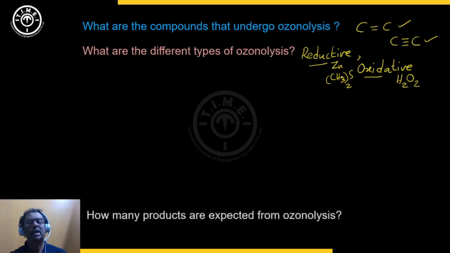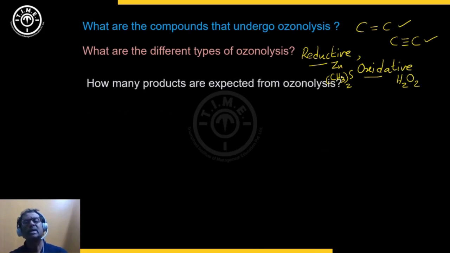The third question we had asked was, how many products are expected from ozonolysis? Then we said it depends on the starting material. Whatever is the starting material, depending on that, we can make a statement about the number of products.